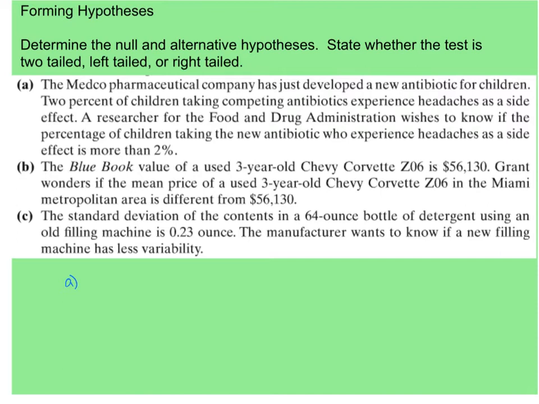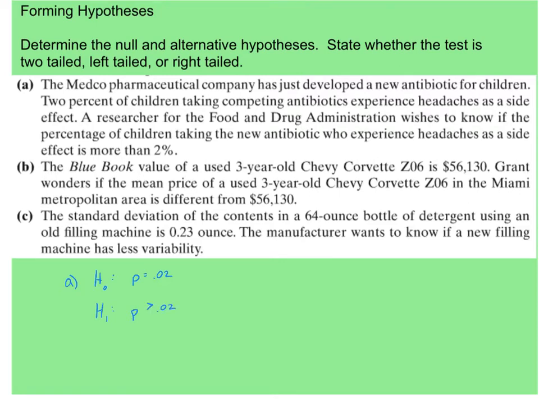For A, the Medco pharmaceutical company, our null and alternative hypotheses: H naught, a colon, H1, a colon. We're testing proportions in this problem, and the proportion is P equals 0.02 or 2%. The alternative hypothesis, P is greater than 0.02, 2%.